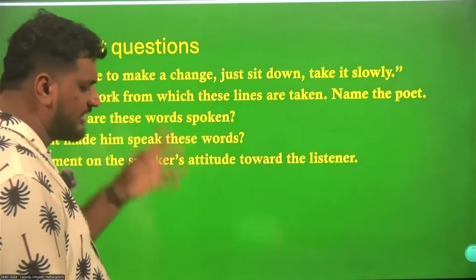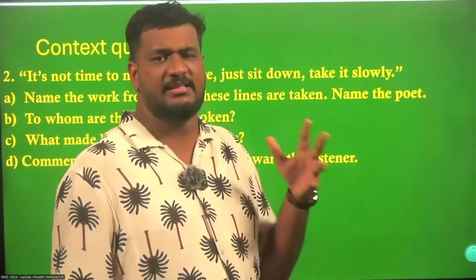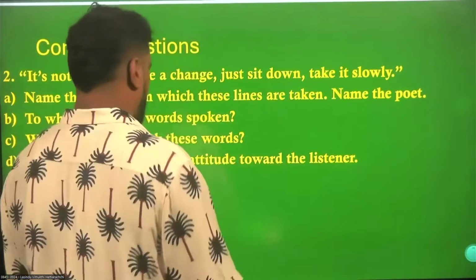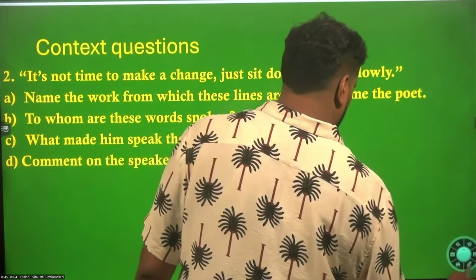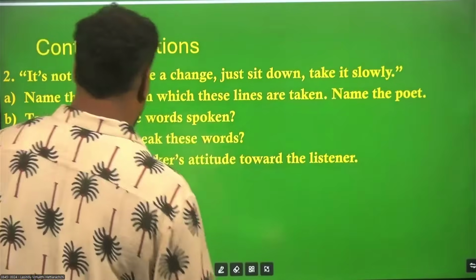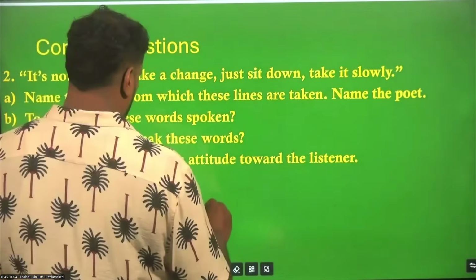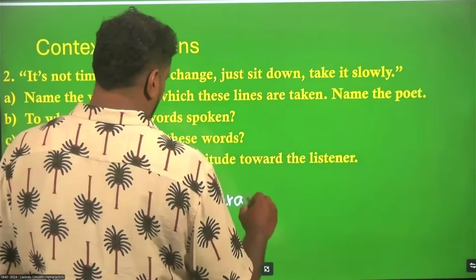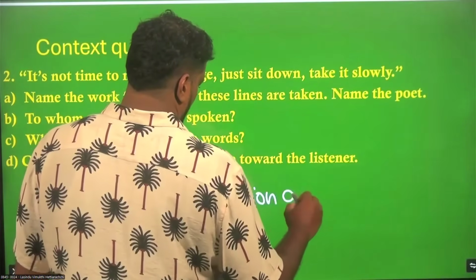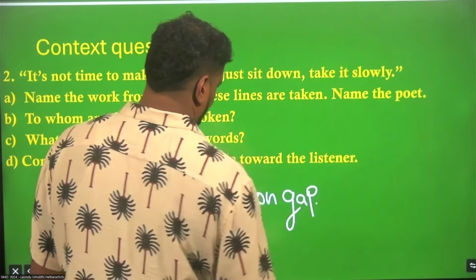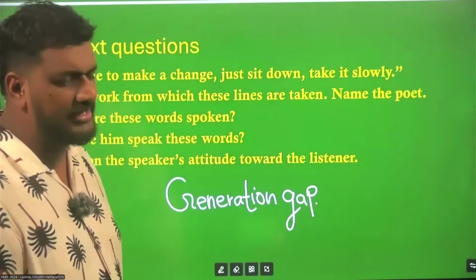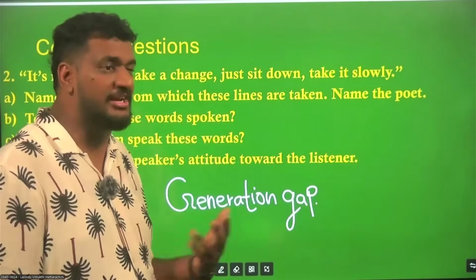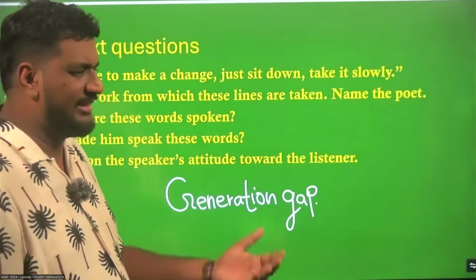So when you refer to this particular poem, basically we discuss the generation gap, right? The main theme dealt with in this poem is nothing but the generation gap, which is one of the most famous themes in the field of literature. We discuss the generation gap, the gap between adults and children.